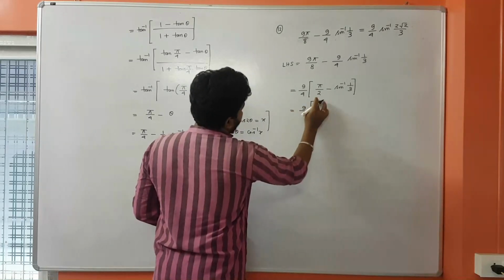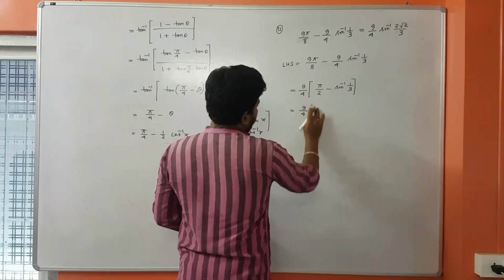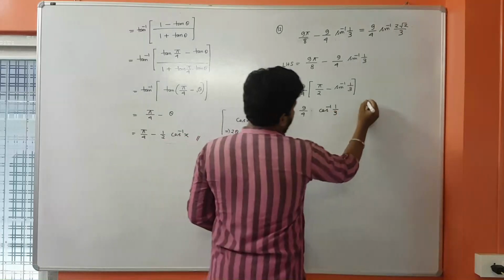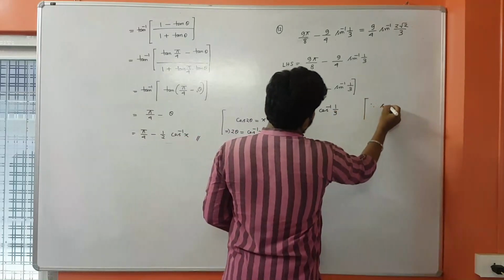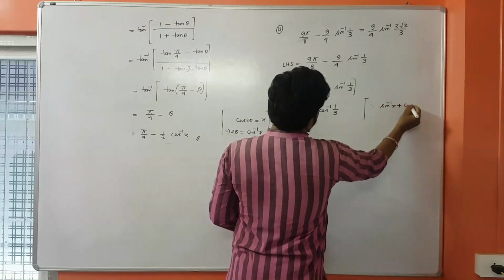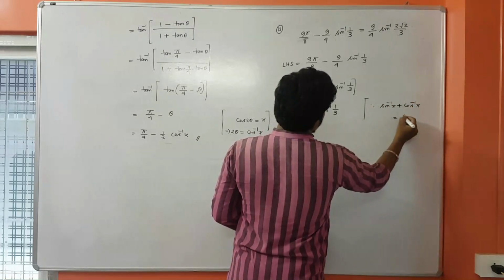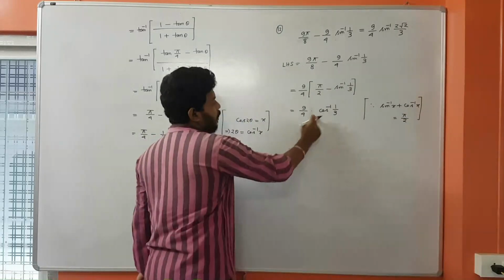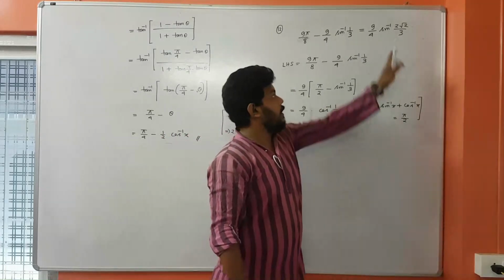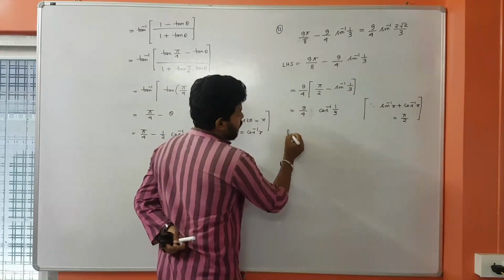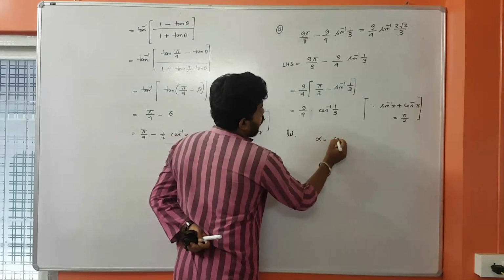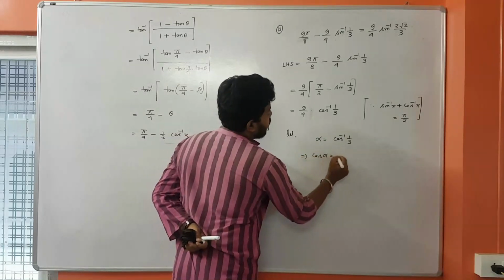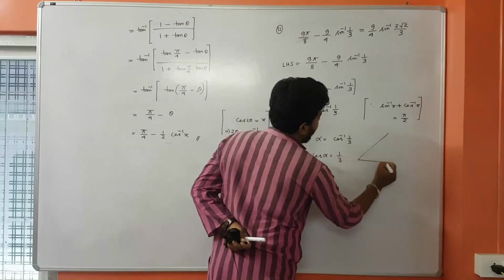9 by 4. What is pi by 2 minus sin inverse of x? This is cos inverse of x from the properties of inverse functions. We know that sin inverse of x plus cos inverse of x equals pi by 2. Now, cos inverse of 1 by 3. We need the solution in terms of sine. Now, again, let alpha be equal to cos inverse of 1 by 3. That is, cos alpha is equal to 1 by 3.